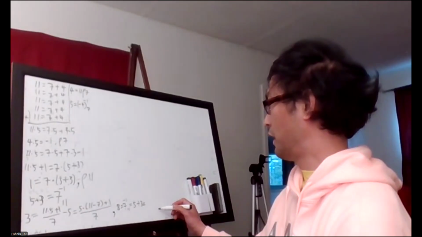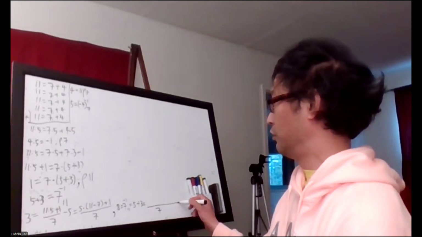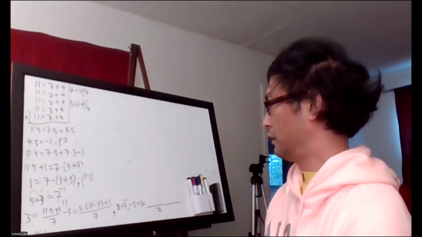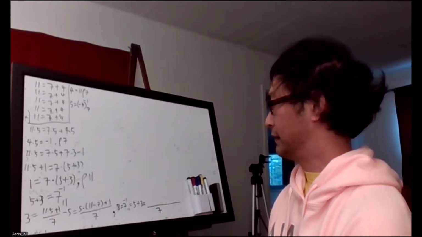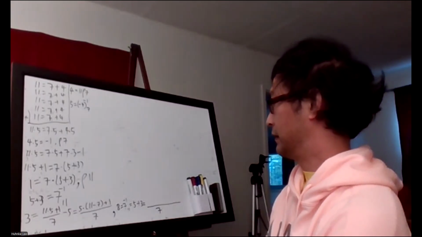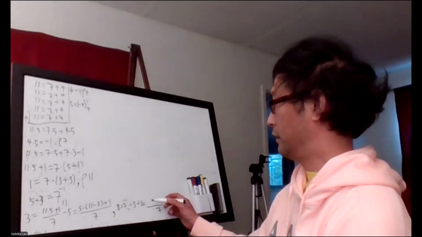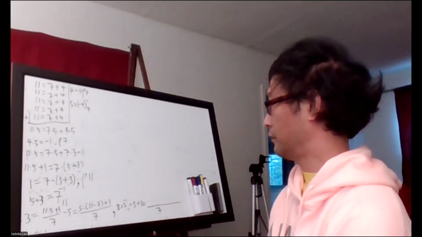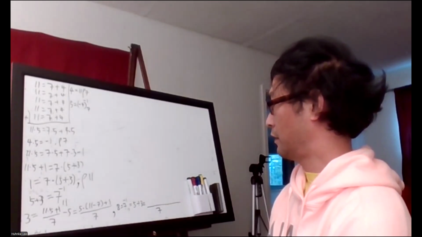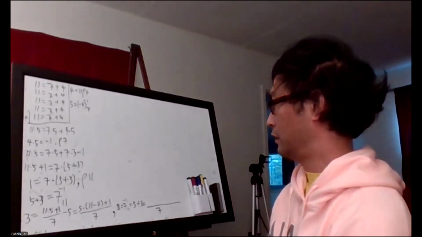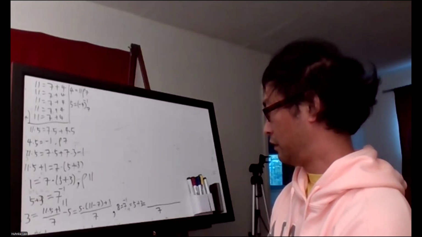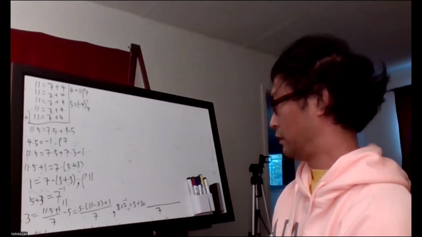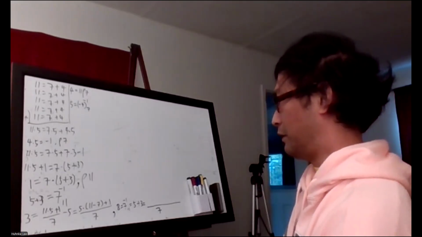Okay, so it will be like put in the numerator again. 7 times 5. Am I doing this right?